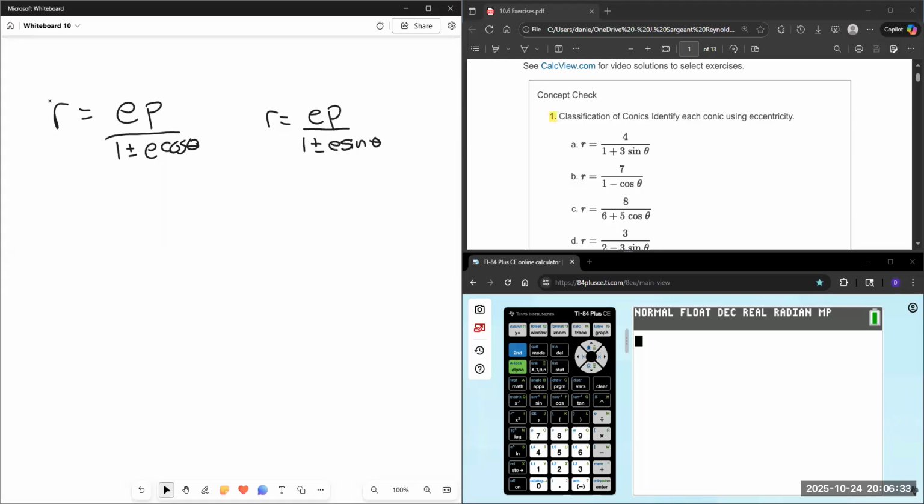If I have sine, it's like that, but in the y direction, so axis of symmetry or transverse axis or major axis in the y direction.